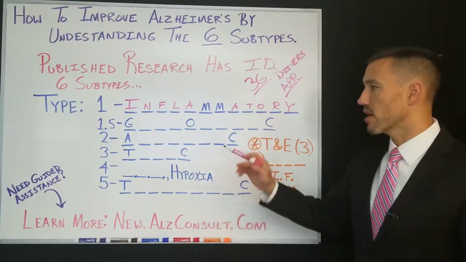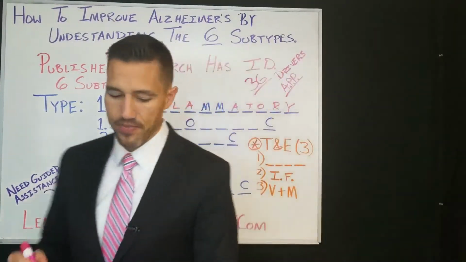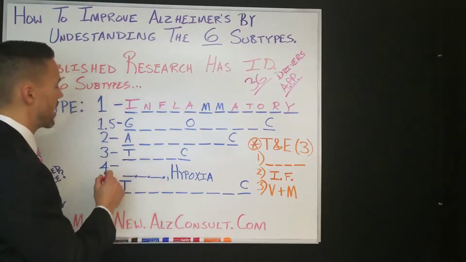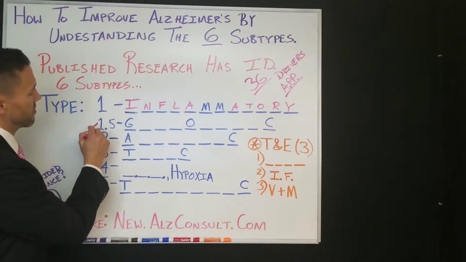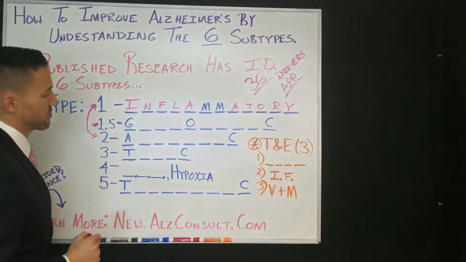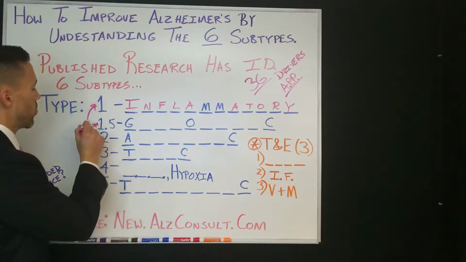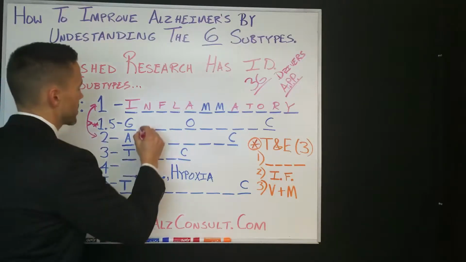Okay, so inflammatory. Number 2, actually, 1.5. Now they call this 1.5 because it blends some of the factors of 1 and 2. Okay, now 1.5 is glycotoxic.